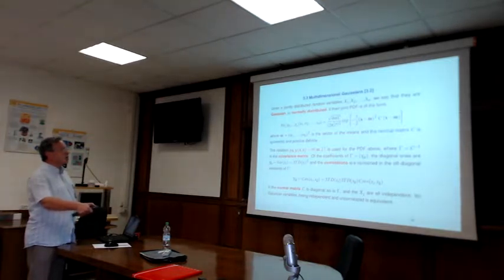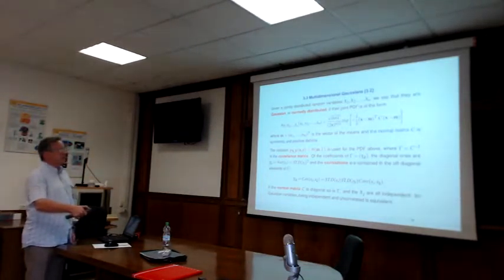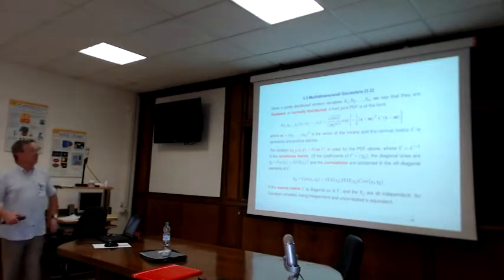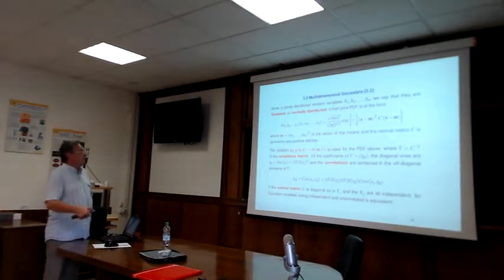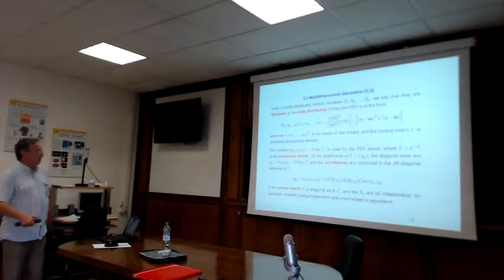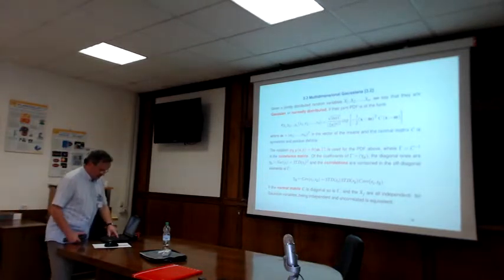Here you have a generic quadratic form with the restriction that the matrix C must be symmetric and positive definite. Okay? Then this is called a normal with mean mu and covariance matrix gamma, where gamma is the inverse of this matrix, which is called the normal matrix. Okay, let's go ahead.